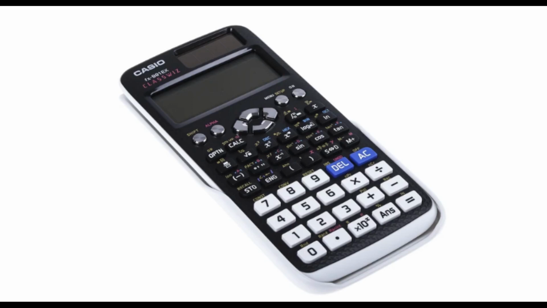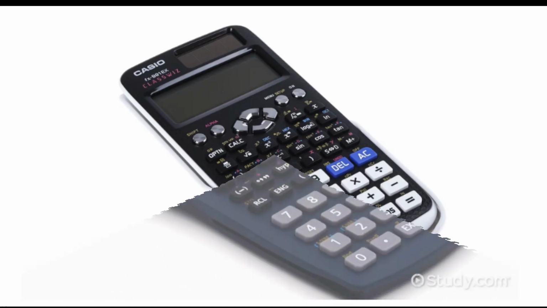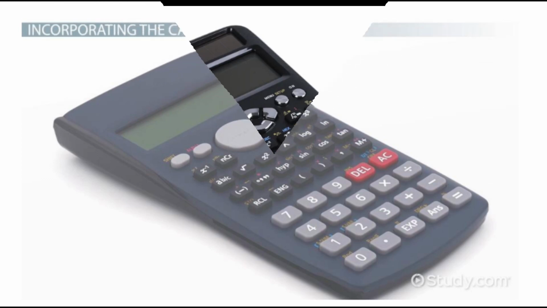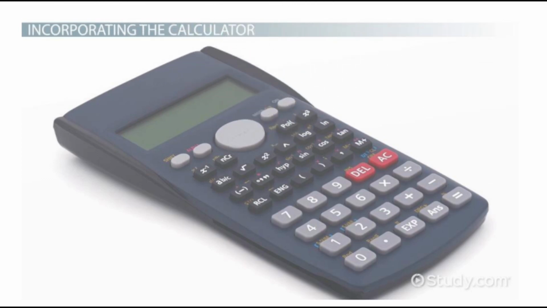Square root. Equals, result. In general, a basic electronic calculator consists of the following components: power source, mains electricity, battery, and/or solar cell. Keypad, input device, consists of keys used to input numbers and function commands, addition, multiplication, square root, etc. Display panel, output device, displays input numbers, commands, and results.